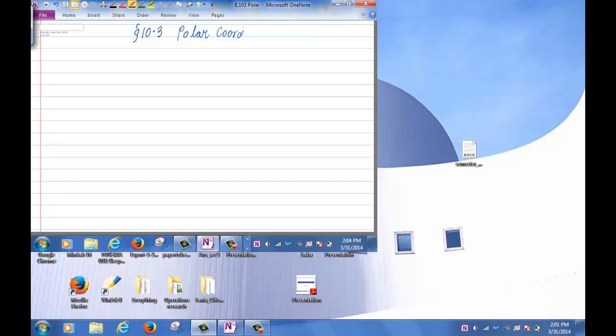And so let's recall what we did, how we defined it. First of all, let's say that I have a real number line. The arrow indicates the positive side of the real number line.